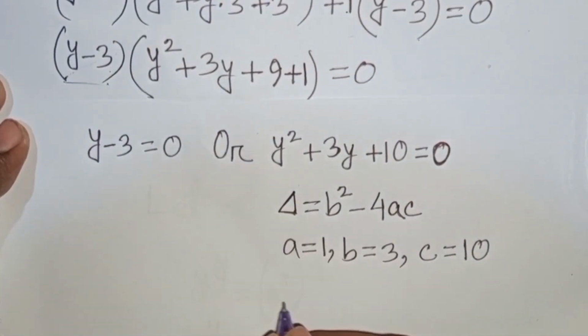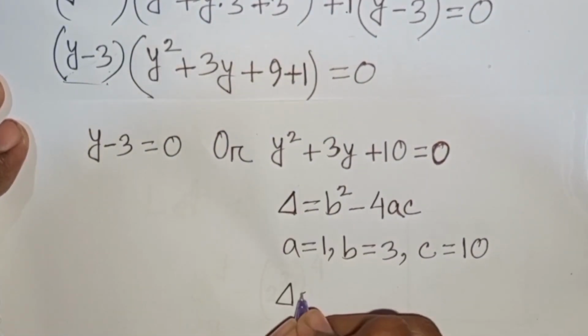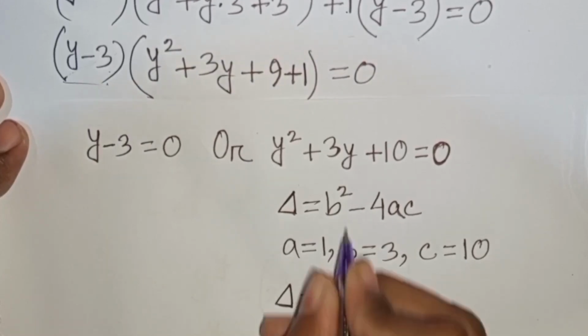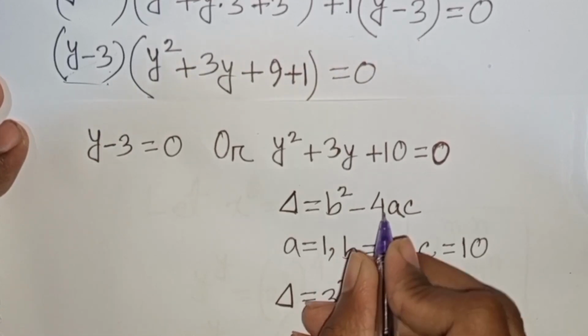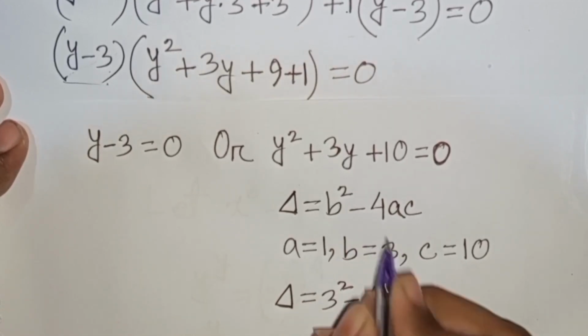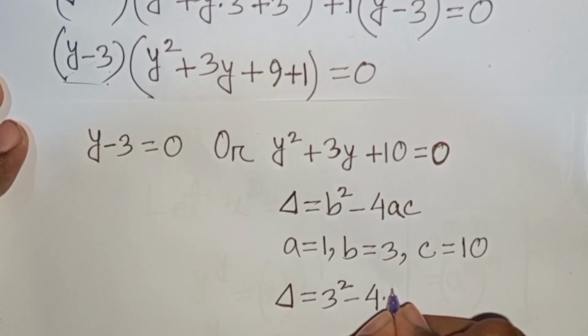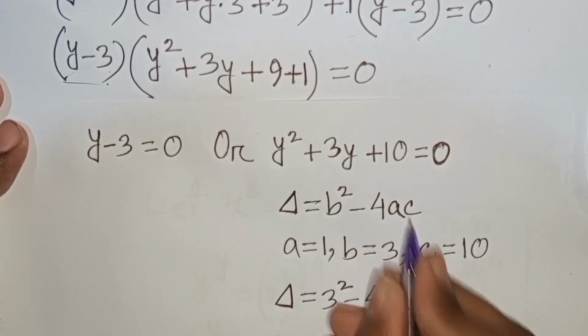Now delta will be equal to b square, that means 3 square, minus 4 times a, that means 1, times c, that means 10.